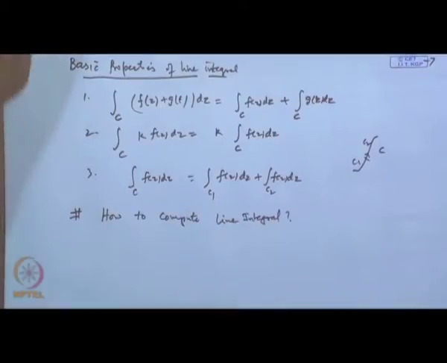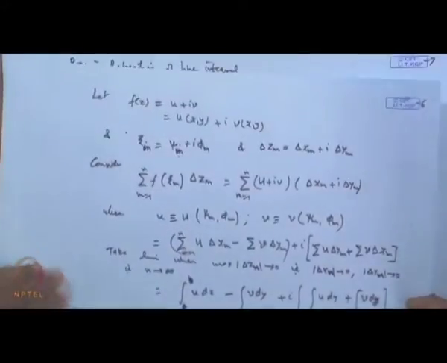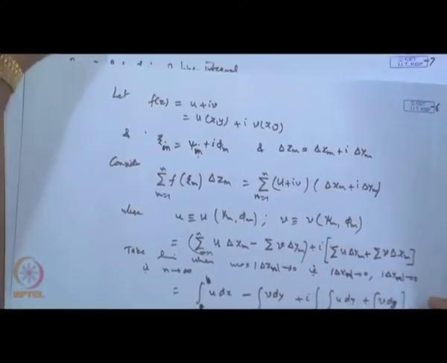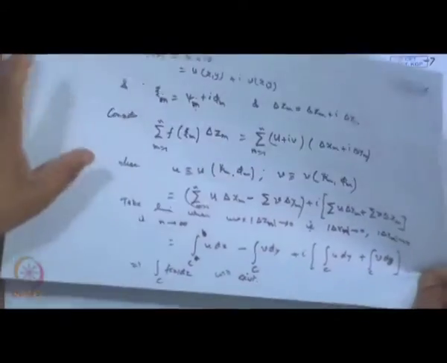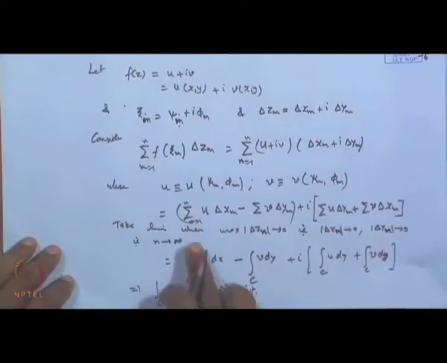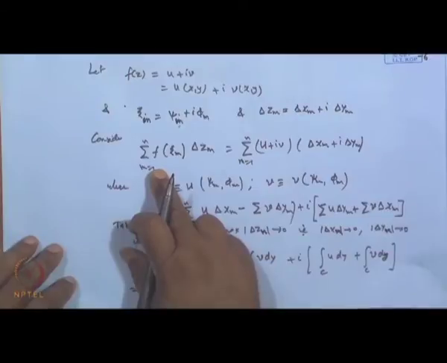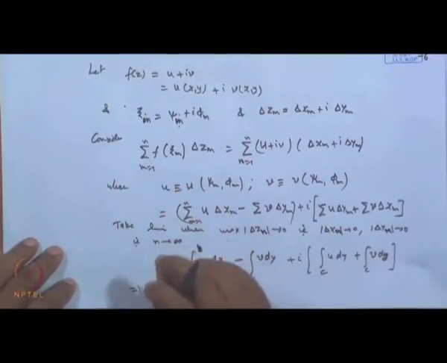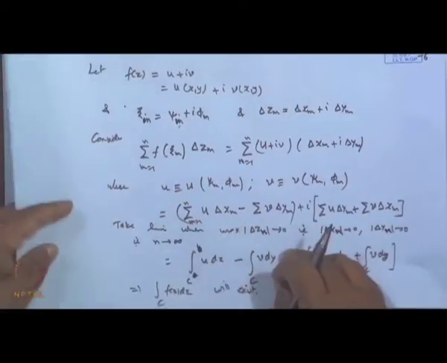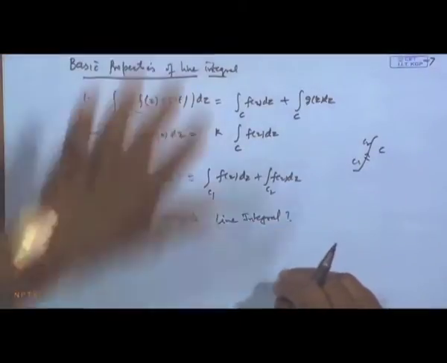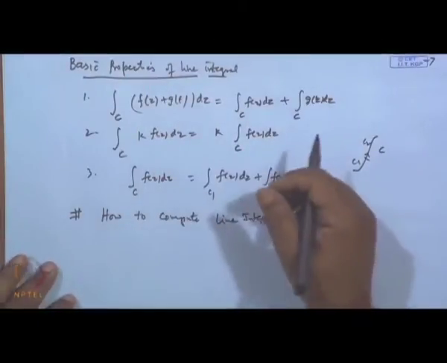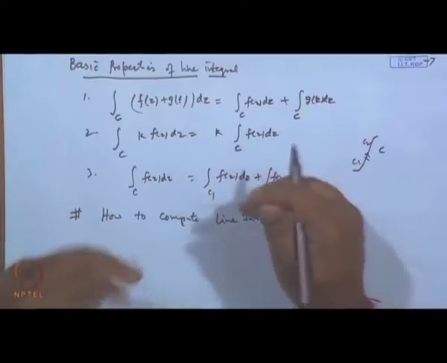By definition, the line integral is nothing but the limit of this sum, is it not? You take the partition, take the limit, and when the limit exists, we say the line integral exists. But this is the basic definition of a line integral, and for every line integral you cannot do this calculation by partitioning every time. So, how to compute it?